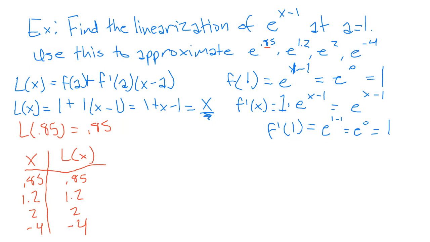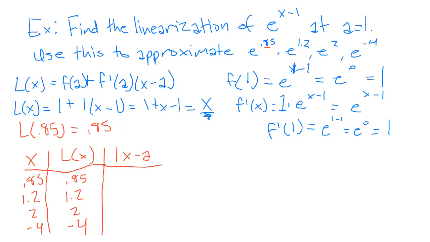Now let's look at something a little interesting. I want to just see how these values change as we move away from a. So let's do our absolute value of x minus a.